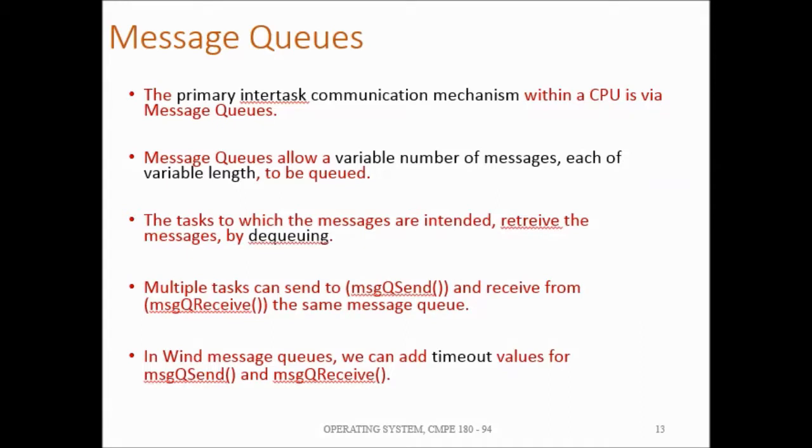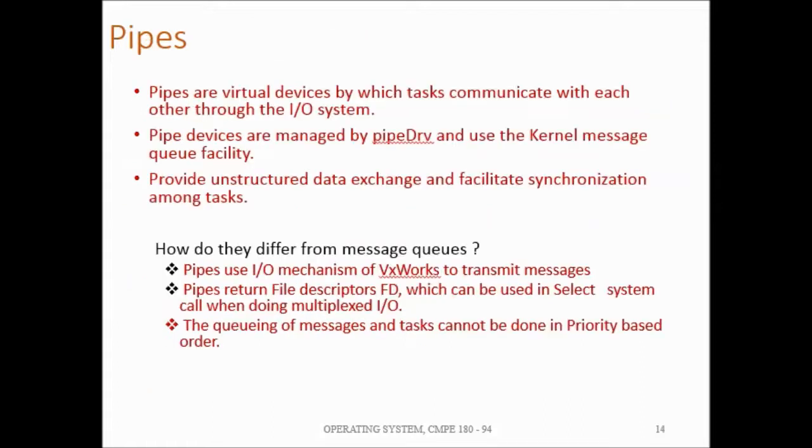So now let's move on to the concept of pipes. Pipes are nothing but virtual devices by which the tasks communicate with each other through the I/O system. Pipes provide unstructured data exchange and facilitate synchronization amongst the tasks.